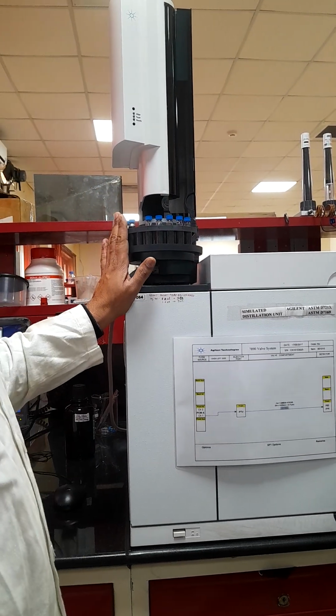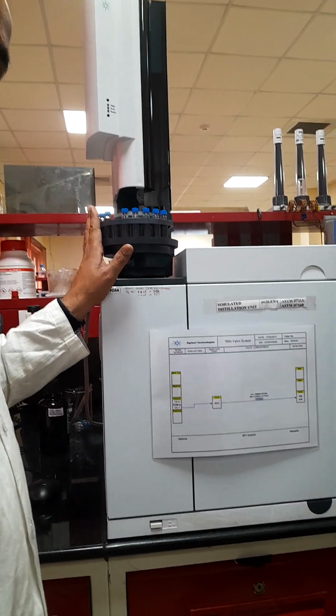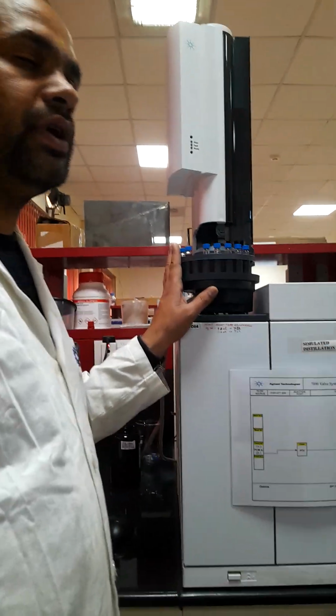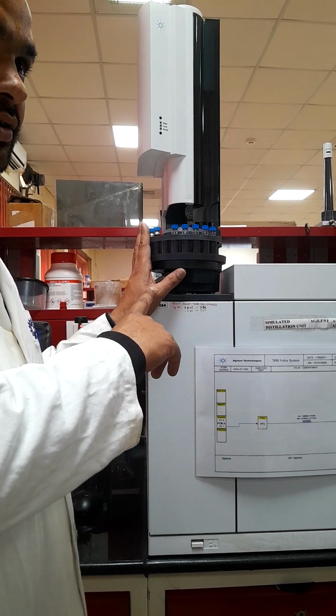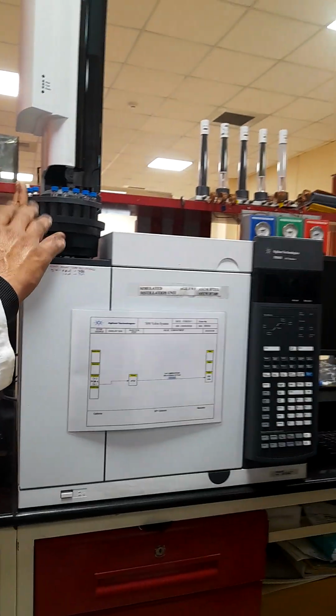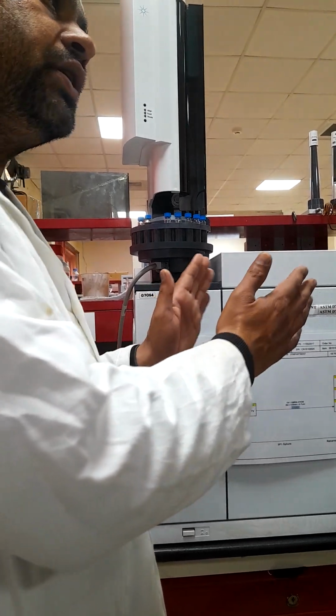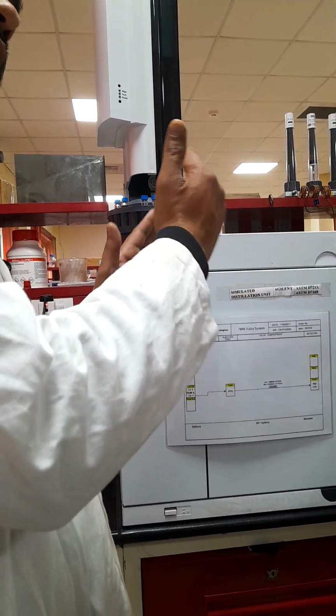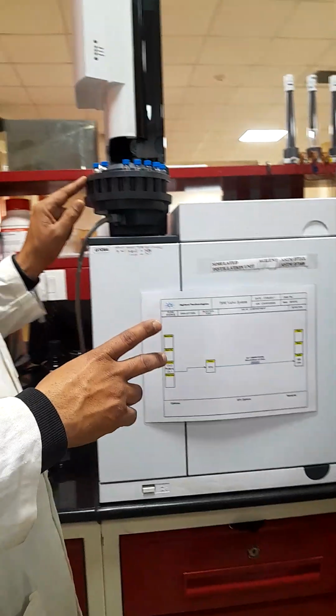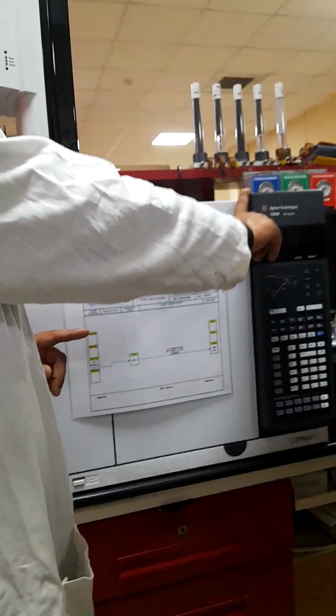The inlet starts at 100 degrees Celsius, and the final temperature goes up to 375. The oven is initially 40 degrees Celsius, and it will also go up to 375. The detector is stable at the higher temperature, 375. 100 initially, 40, 375.